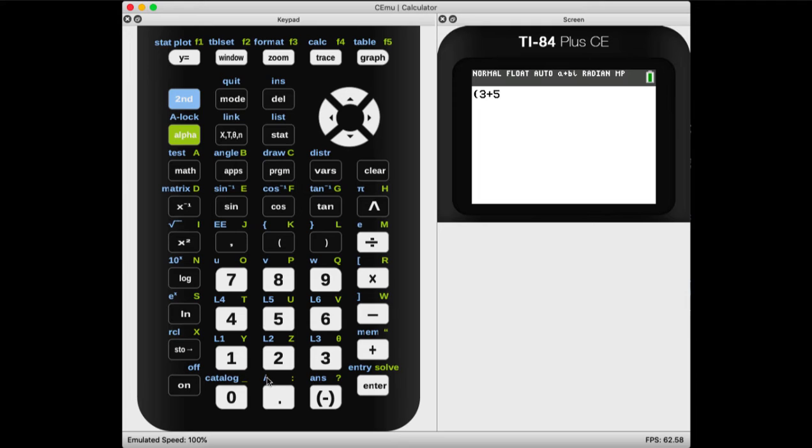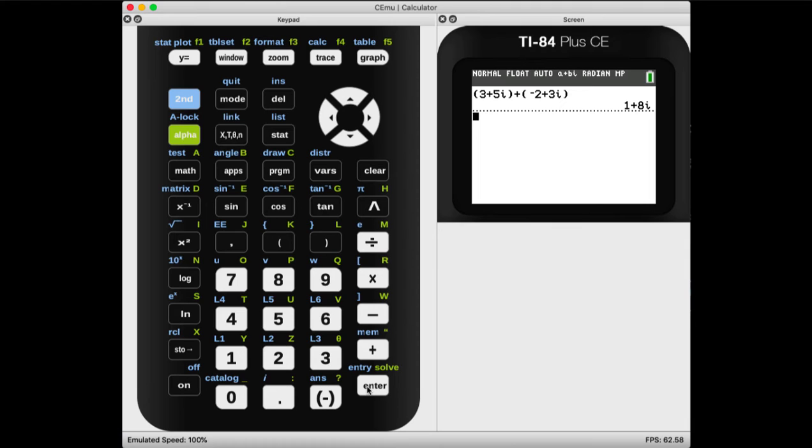Now notice the i is right here over the period, so you're going to have to hit second, period, 5i, plus, -2 plus 3i. And we hit enter, and it will tell us the answer is 1 plus 8i.